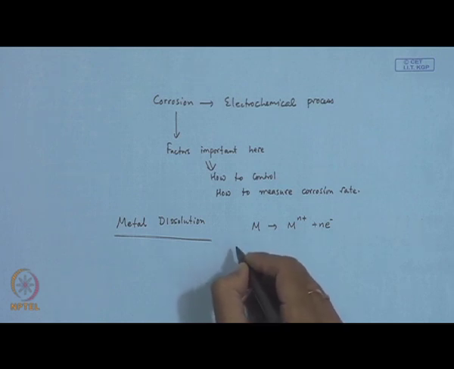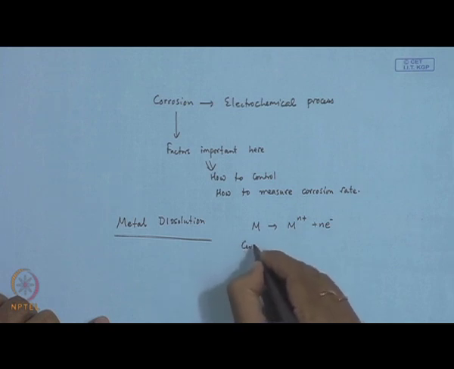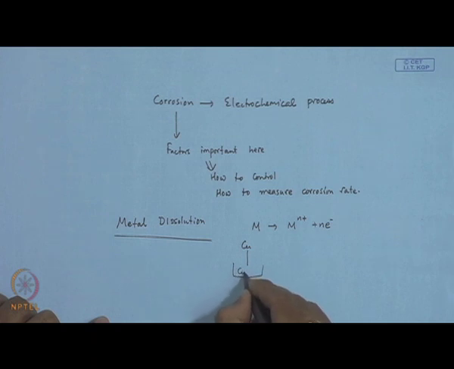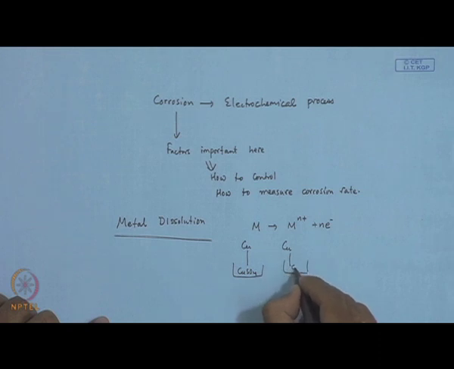Okay. So, in this case, consider a piece of pure metal M in a solution which contains its own ion, say like copper, which is dipped into copper sulphate. Okay. So, copper sulphate means Cu2 plus, and here the Cu is dipped.